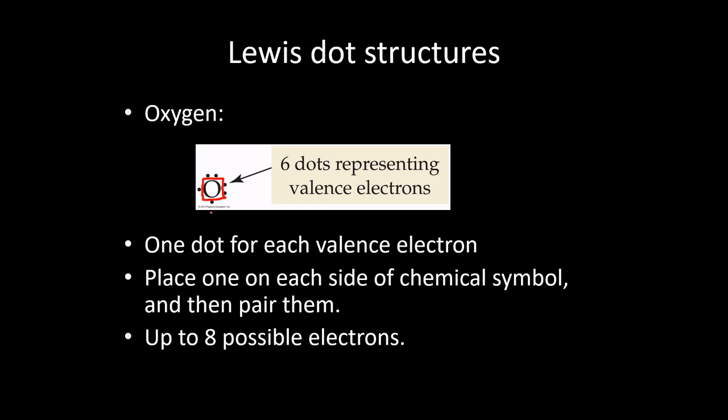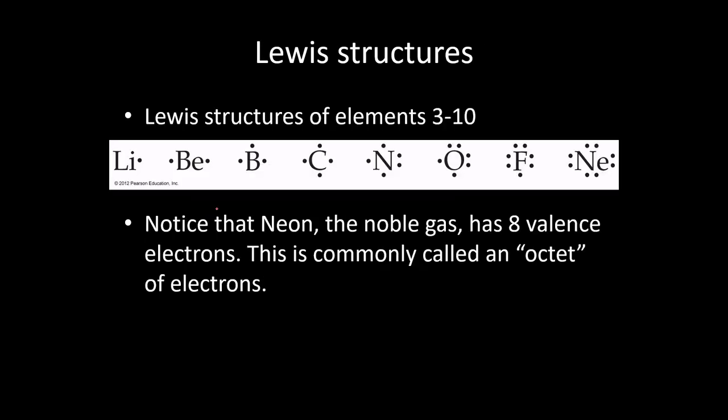So we have 8 possible spots for electrons around here, and there's a good reason for that, because that is the highest number of valence electrons that we are going to see in any of these elements. If we have 8 valence electrons for an element, that is what we call an octet. If something has 8 valence electrons, that is an octet, and that is extremely stable. Everything wants to have that octet of electrons. So neon here, in our example, this is our example of a noble gas.